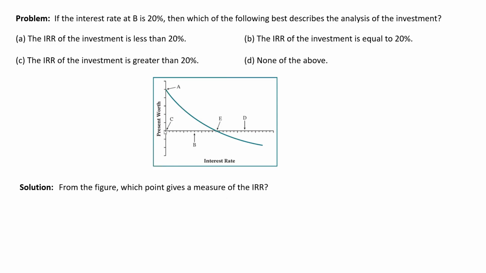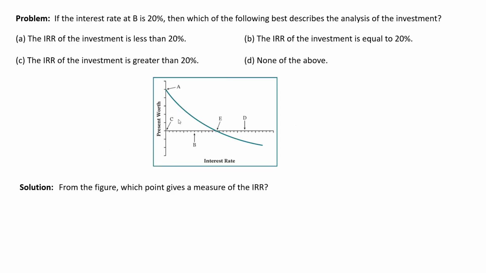Or C? Or B? Or E or D? Which point? Now check this out. How do we find this IRR, internal rate of return? We set the present worth, or future worth or annual worth, one of them, equal to 0.